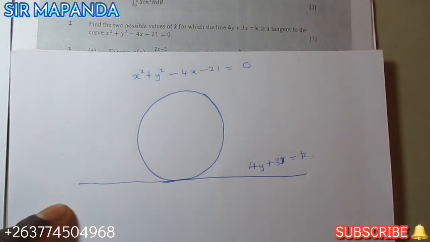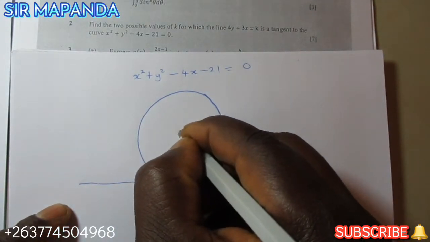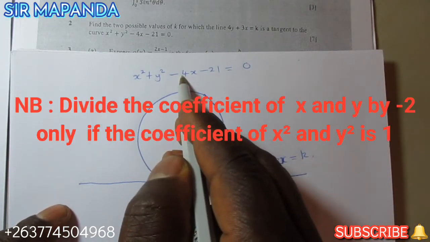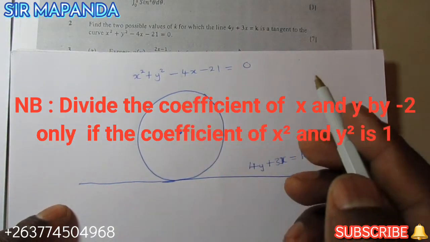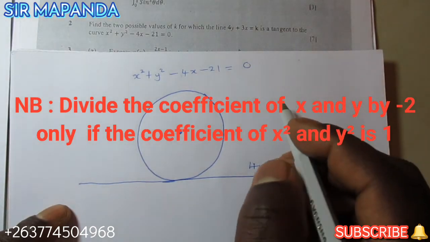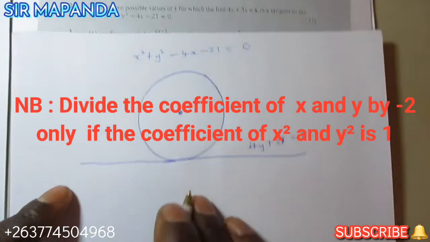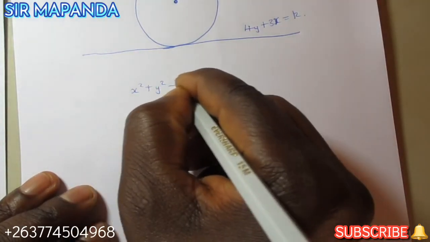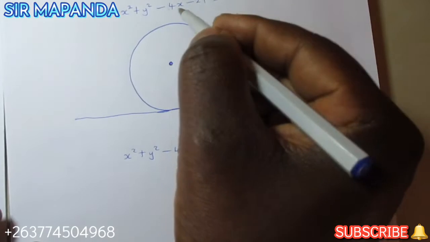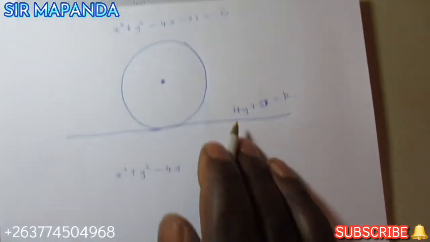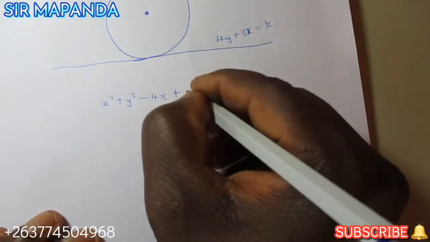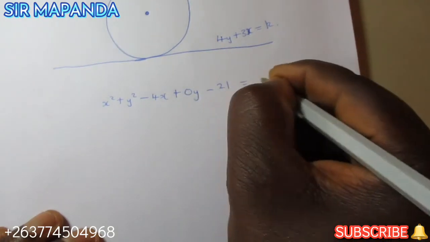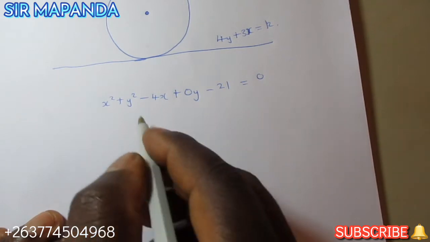Remember, to find the center of the circle, you divide the coefficient of x and the coefficient of y by minus 2. So in simple terms, x squared plus y squared minus 4x, since we do not have a term in y, it means we have 0y minus 21 equals 0.